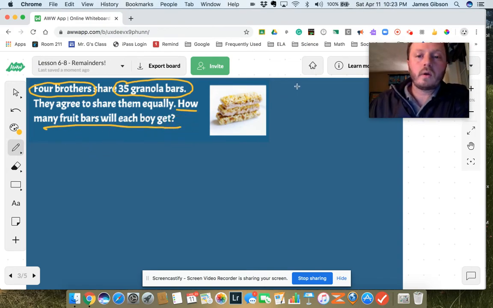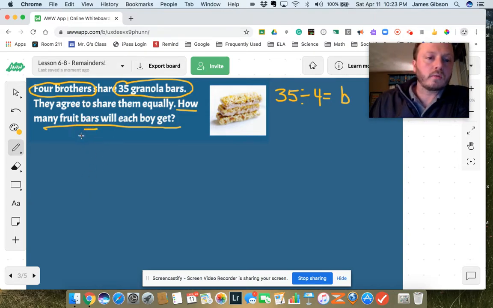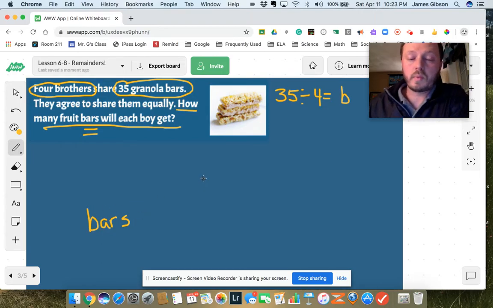So, our number model is 35 divided by 4. And I'm going to write B for bars. And that really comes down to what we're going to write our answer in, too. Our answer is going to be in bars. We could say fruit bars or granola bars, but bars.